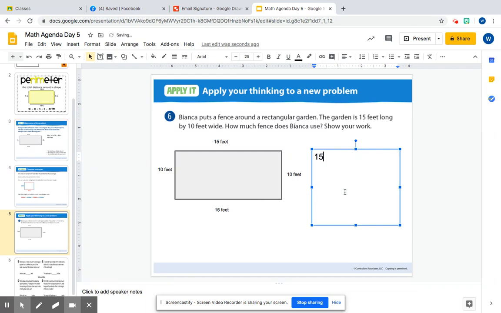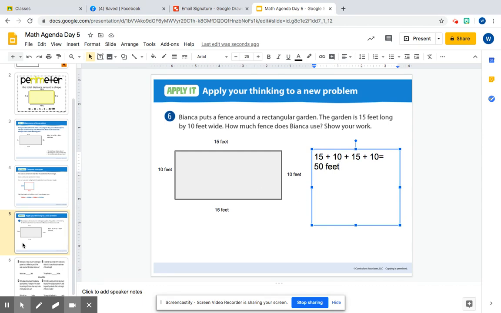So we need 15 plus 10 plus 15 plus 10 equals. I know 15 plus 15 is 30, and 10 plus 10 is 20. So if I do 30 plus 20, I get 50 feet total. So Bianca needs 50 feet in order to put a fence around her garden.